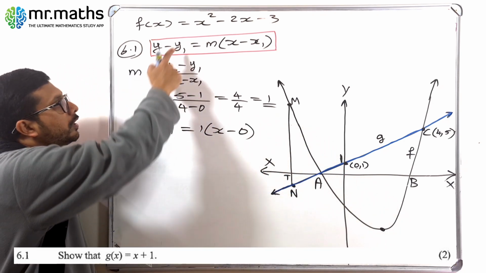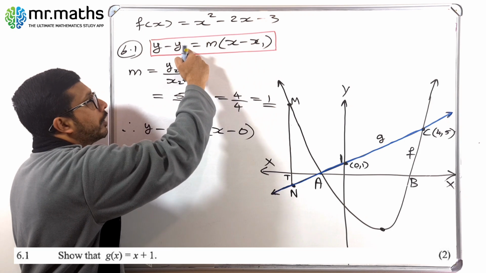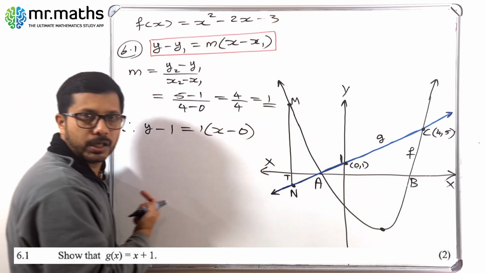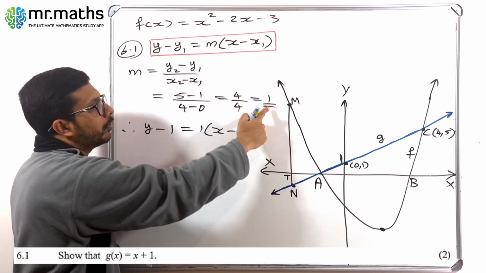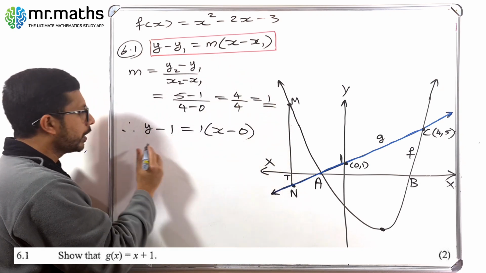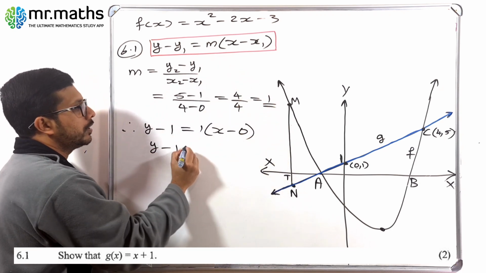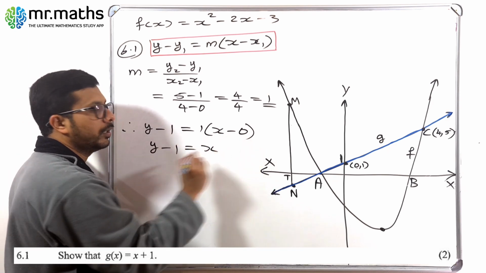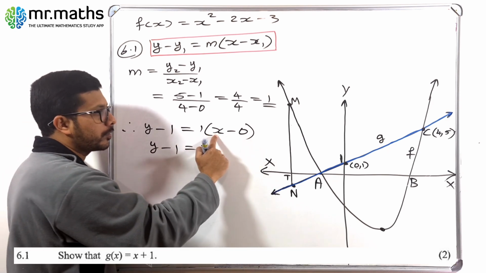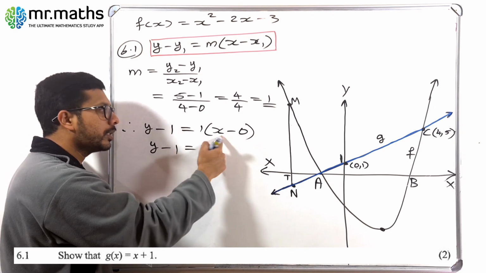I substituted the values of x1 and y1, 0 and 1, into the general equation, and m we already got as 1. So y minus 1 is equal to x minus 0, which is x. 1 into x is x.